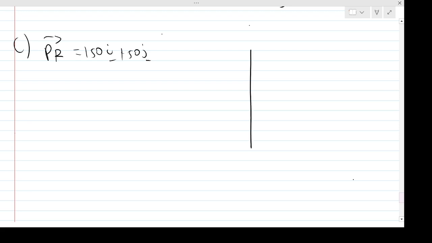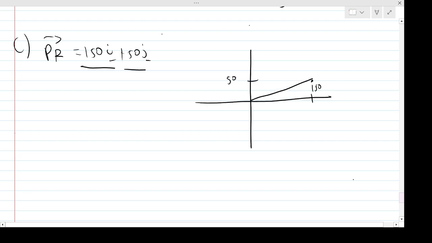So if we draw a coordinate grid, firstly 150i will be 150 on the axis here, and then 50j will be positive 50 here. So if we plot the point there, that's my vector.